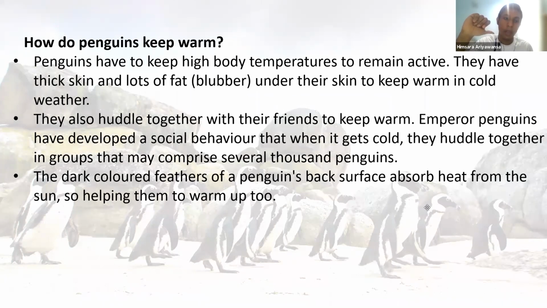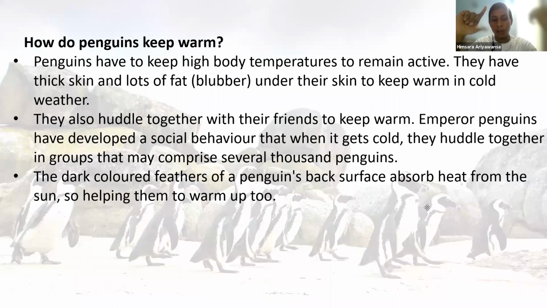Emperor penguins have developed a social behavior that when it gets cold, they huddle together in groups that may comprise several thousand penguins. So the second adaptation in their body to keep them warm is huddling together. And the third one is, mainly penguins have two colors, right?